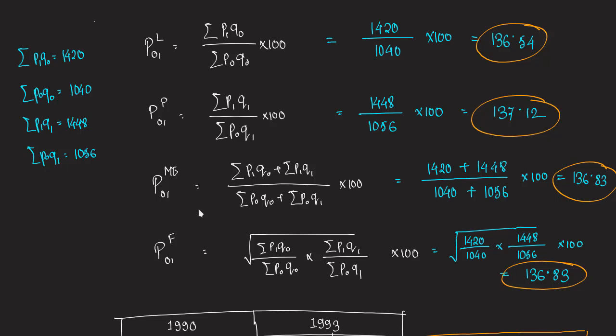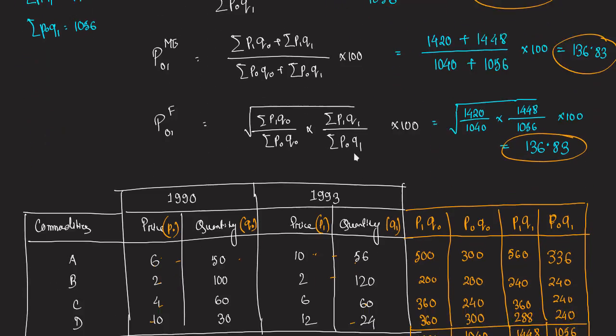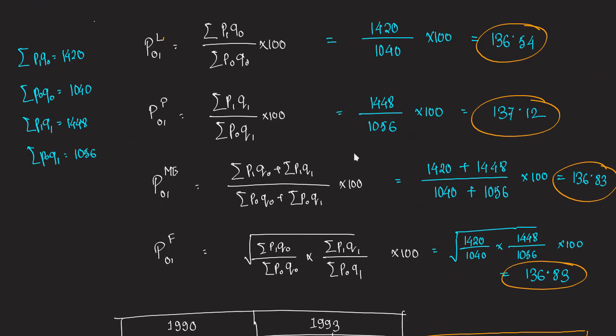So we have used different formulas, Laspeyres, Paasche, Marshall Edgeworth, and there is not much difference between the values, right? So this is how we calculate index number by the straightforward method. A straightforward method means this is the weighted, simple weighted aggregate method.